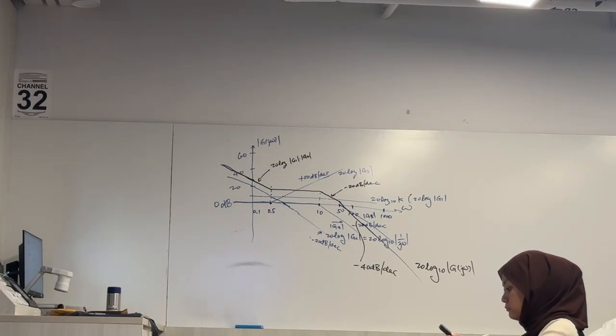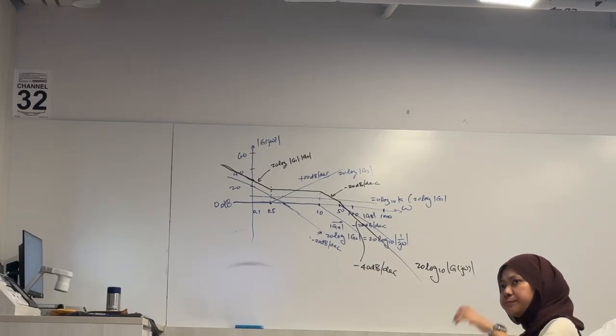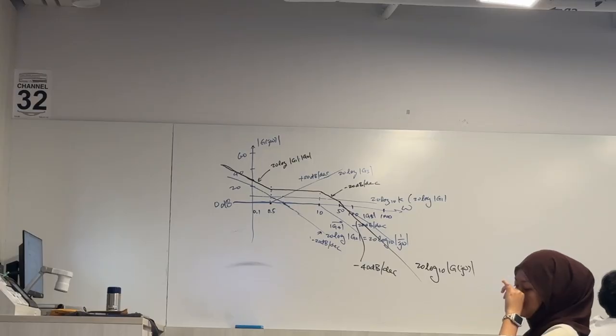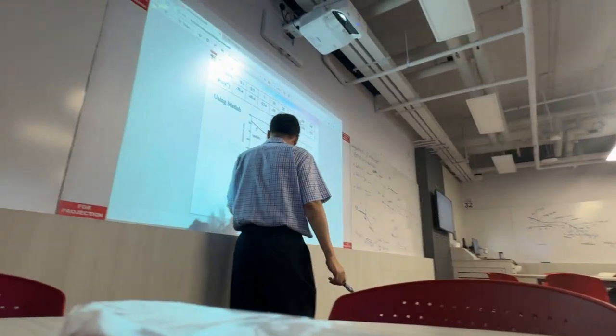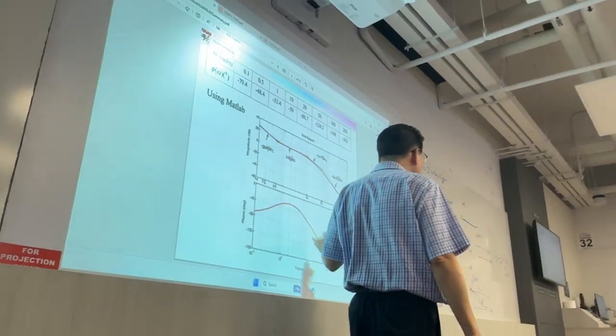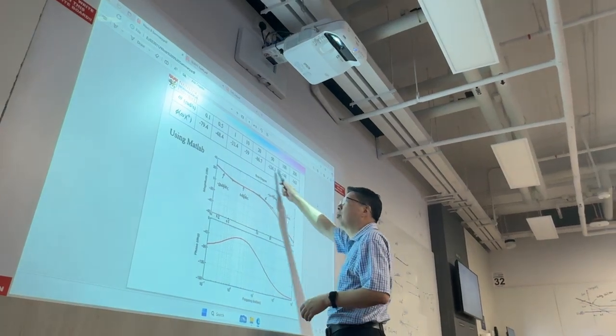So this is what you get if you use MATLAB. You get a red colored one. The black one is what I get from there. And then this phase plot is made by using the table.